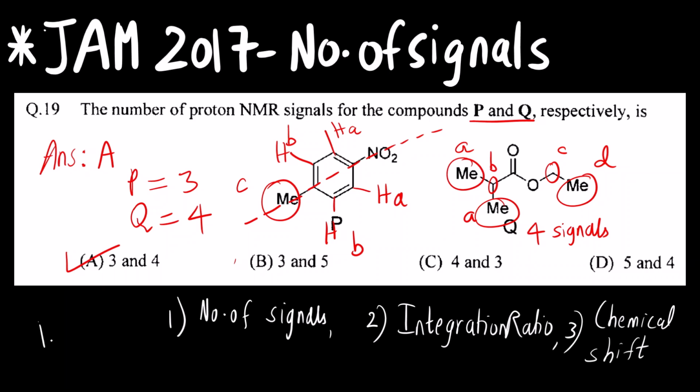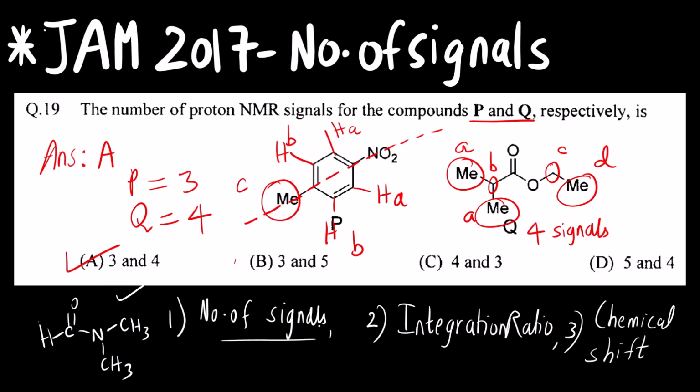Especially the one we saw today, N,N-dimethylformamide. This molecule has been asked 3 to 4 times in JAM papers. In a lot of previous year questions, the number of signals for this same molecule was asked 2 or 3 times repeatedly. So it's very important.